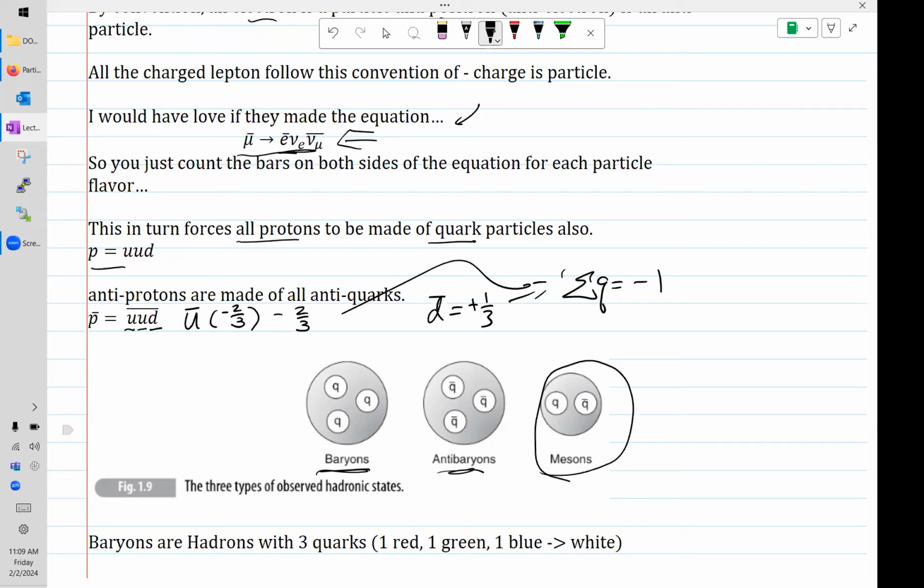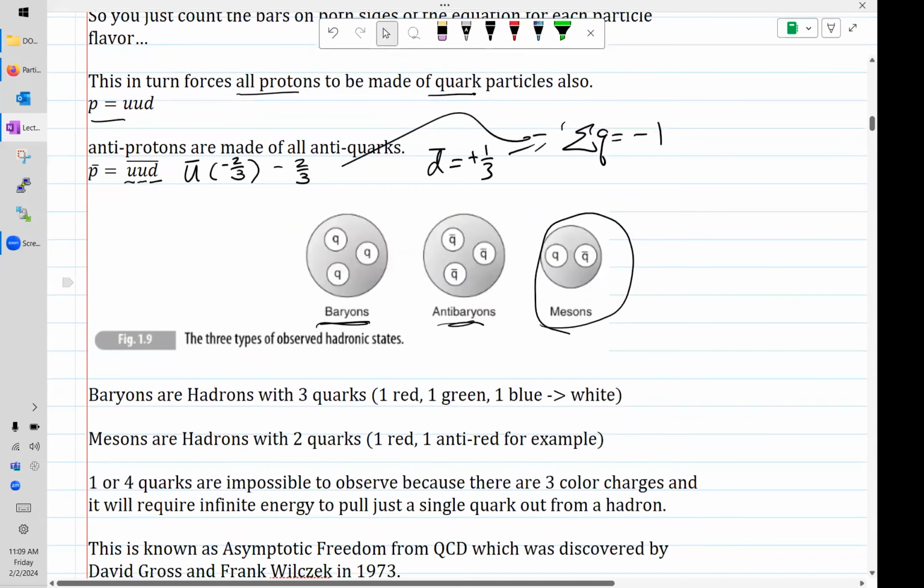And we're going to see how this can happen when we get into QCD, where there happen to be 3 different color charges, and therefore we're allowed to make these 3 quarks, because 3 quarks combined together make it colorless. It's kind of like hence the word color, right? Red, green, and blue. If you combine all 3 of those colors together, you get white, you get no color. But if you combine a red and anti-red together, you also get no color.